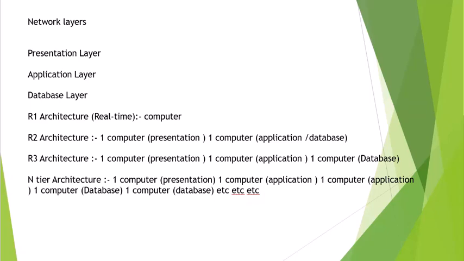By seeing these three words, we can tell that the presentation layer is presenting something, the application layer is about the application, and the database layer is about the database. When I say presentation layer, whatever you are seeing on your screen is called the presentation layer. So what will happen?